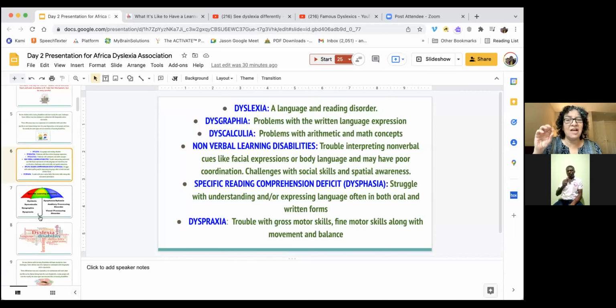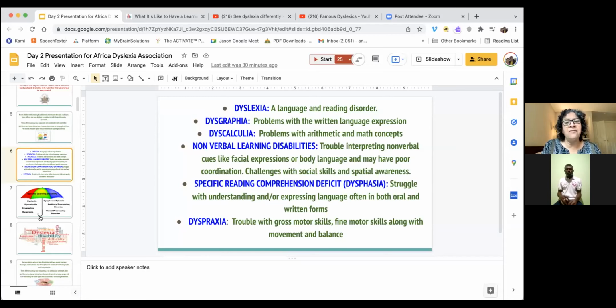Dyslexia, a language and reading disorder. Dysgraphia is the problem with written language expression. Dyscalculia is the problem with math and arithmetic areas. Non-verbal learning disabilities, where children have challenges interpreting non-verbal cues like facial expressions or body language, and may have poor coordination skills, social skills and spatial awareness.